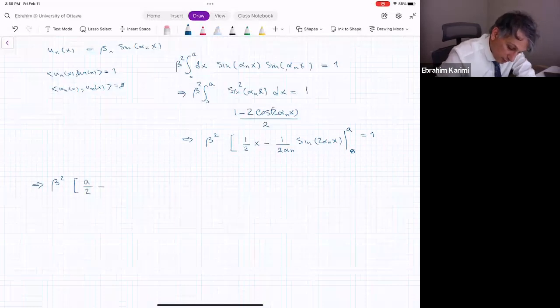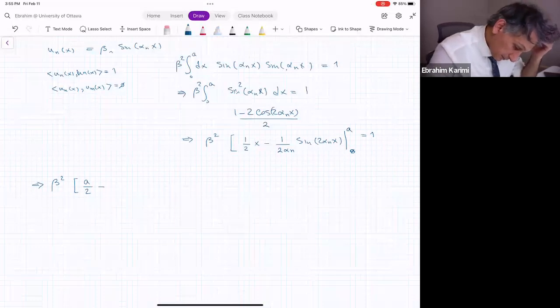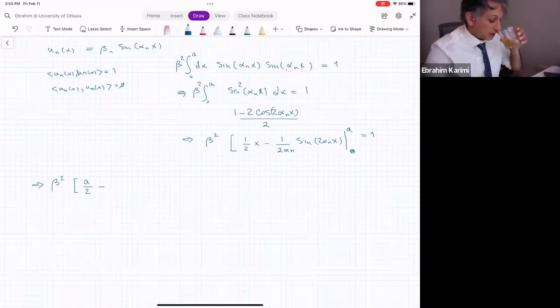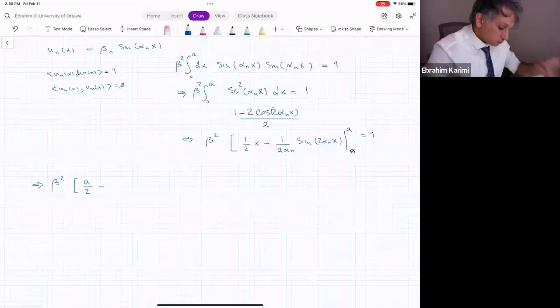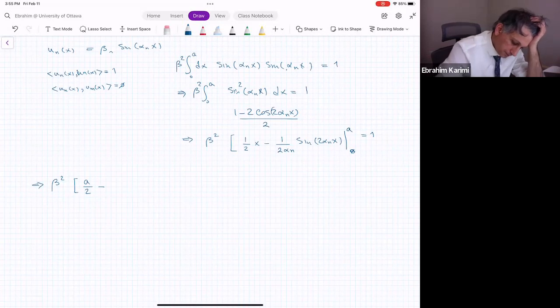The second term, sine of 0 is 0, definitely, so that will be minus sine of 2 alpha_n a divided by 2 alpha_n, equal to 1.